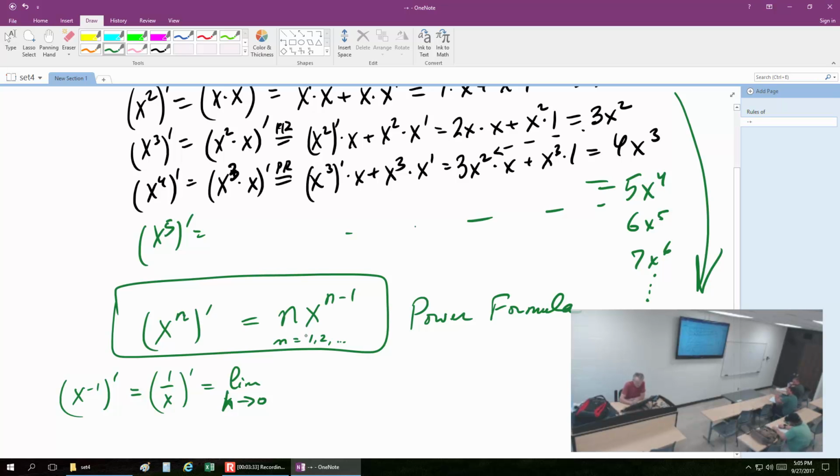We have 1 over x plus h minus 1 over x, all over h. We did something like that, but let's run through this one more time so we get the whole thing. So with common denominators, we will have h here. In the denominator, I'll have x plus h times x. What's the numerator?